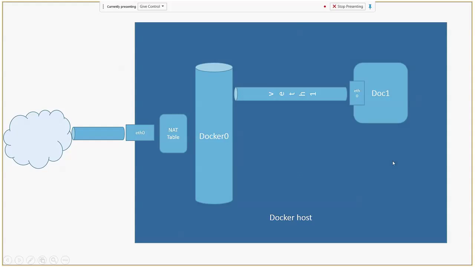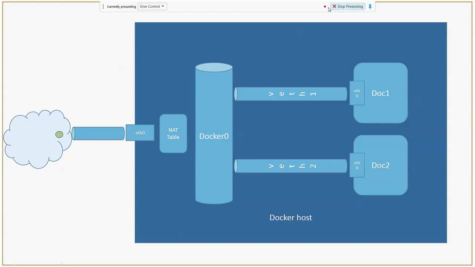Similarly, when you have other containers, you also get their corresponding veth, and they communicate through this Docker Zero bridge. When you send a packet between containers, it goes through the bridge and comes to the other container. Similarly, if you have to send a packet outside, this is how the communication happens.